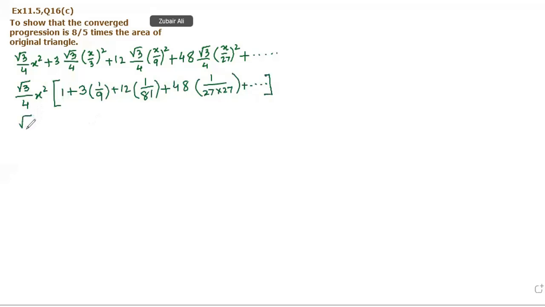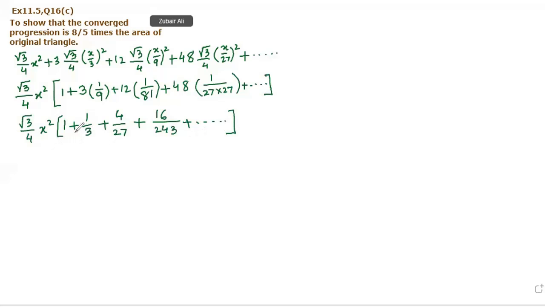So under root 3 upon 4 x square plus 1 plus 1 upon 3 plus 4 upon 27 plus 16 upon 243 and so on.